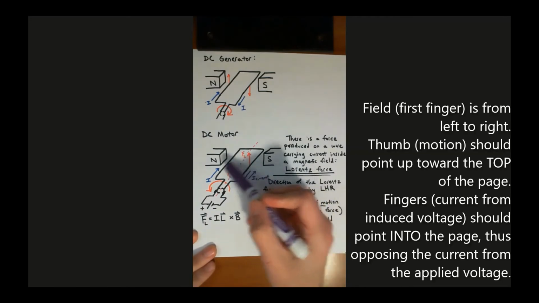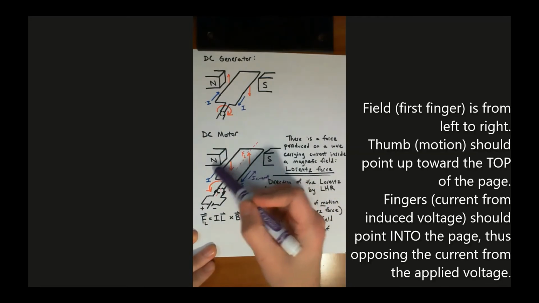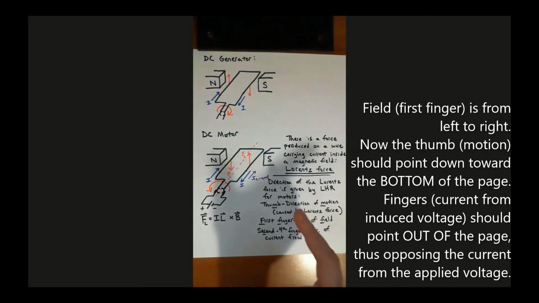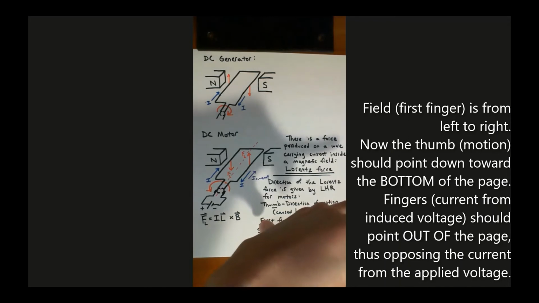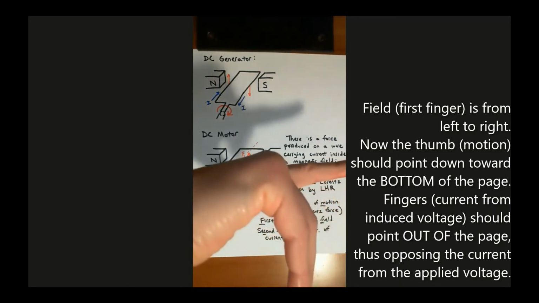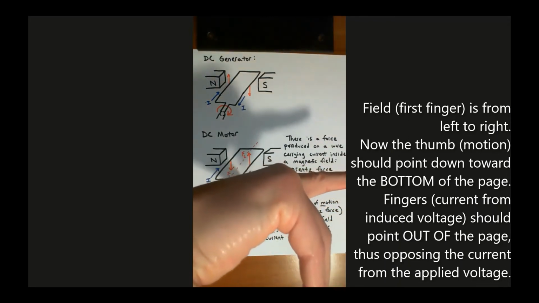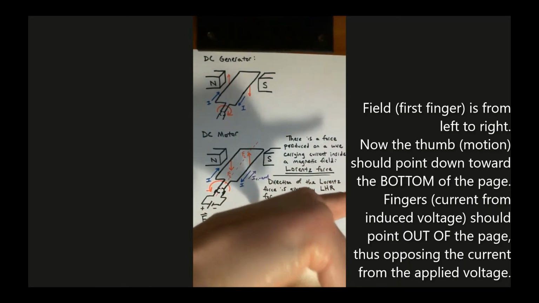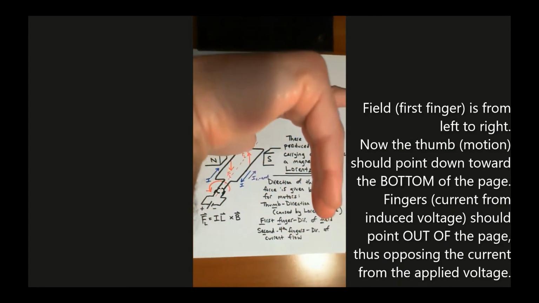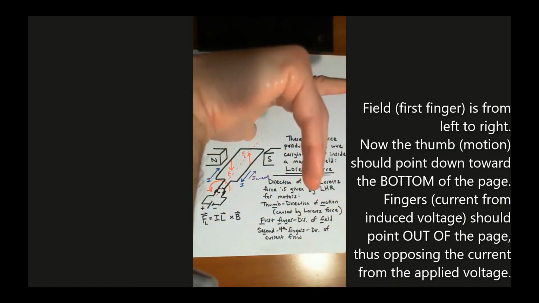And we can apply it to this other side over here. My field is from left to right, and my motion is down. The first finger goes from left to right, and this thing is rotating counterclockwise, so my thumb faces down, and my second through fourth fingers are pointing down towards the bottom of the page. I hope you can kind of see that.